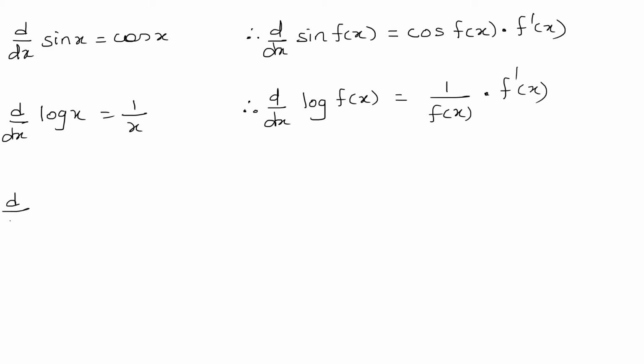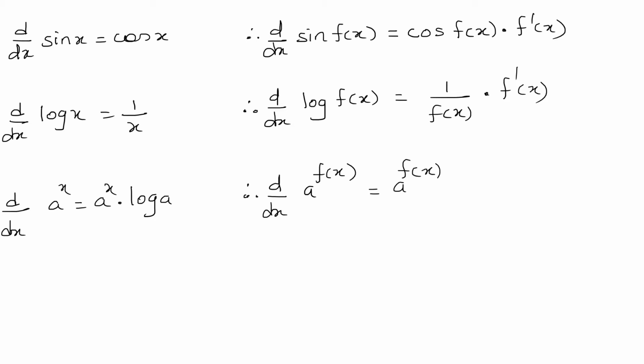The next one is derivative of a raised to x. The formula you have studied is a raised to x into log a. By the way, then derivative of a raised to f of x can be written as a raised to f of x into log a. Now I hope you understood how to modify the basic formulae with the help of chain rule.